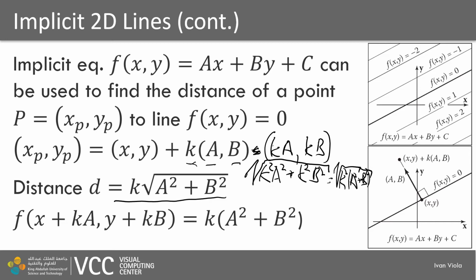However, we can define the distance directly from the functional value of that point. Remember, the point xp yp is equal to some coordinates x and y, which is the projection of this point on the line, plus some offsets, which is the vector defined, which is perpendicular to our line.